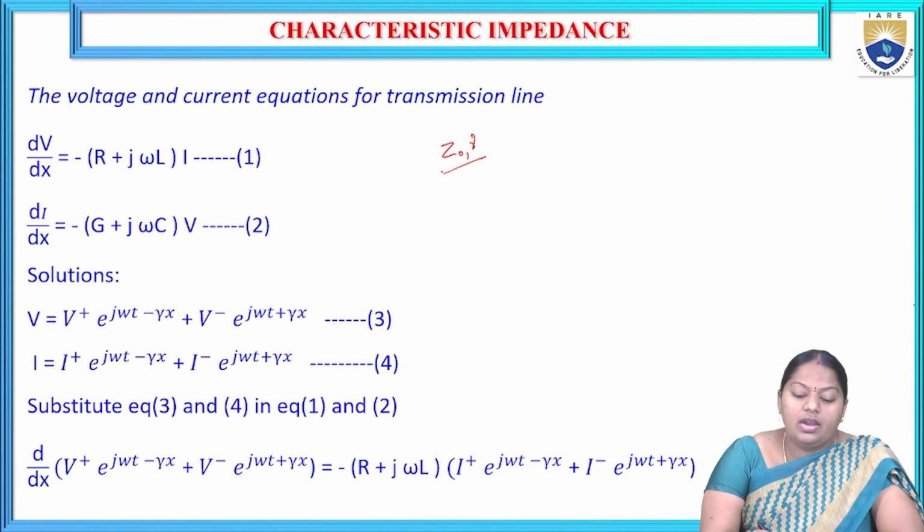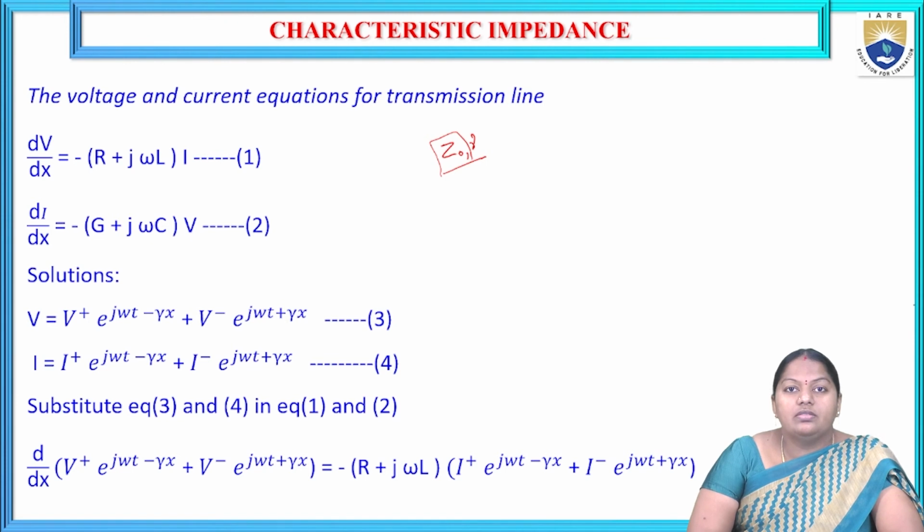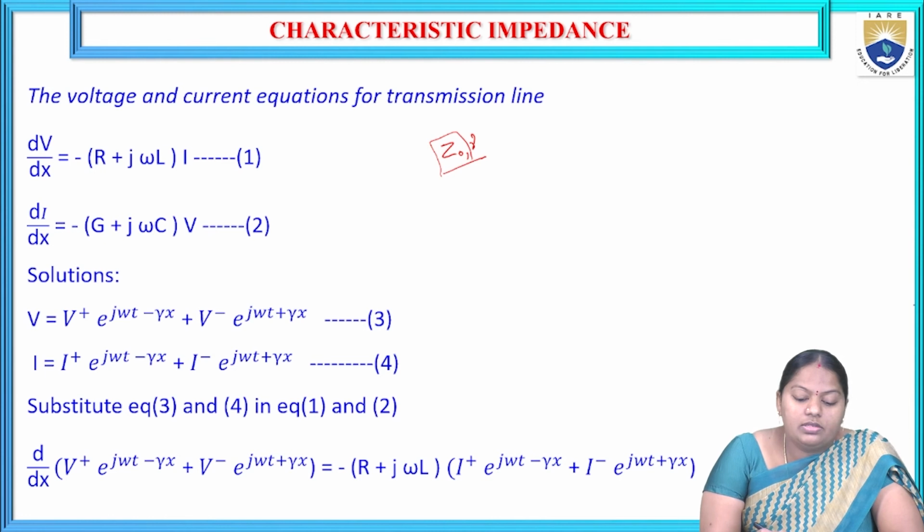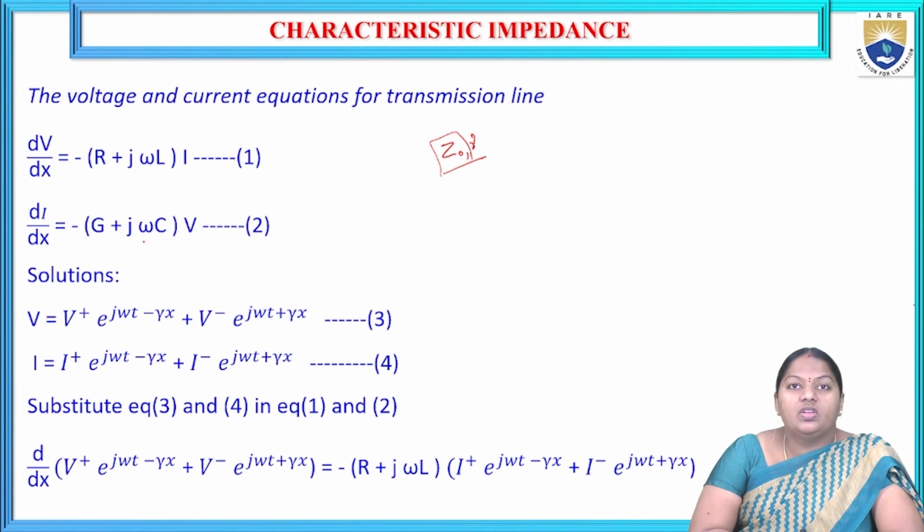To derive the characteristic impedance equation, we consider the differential equations of voltage and current from the lumped section. The voltage and current equations for a transmission line are given by: first, dV by dx equals minus of R plus j omega L into I. This is written from the series elements connected in the circuit. And dI by dx equals minus of G plus j omega C into V, which is written according to the shunt elements connected in the circuit.